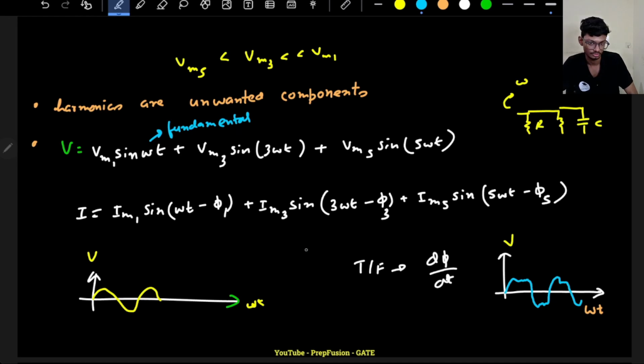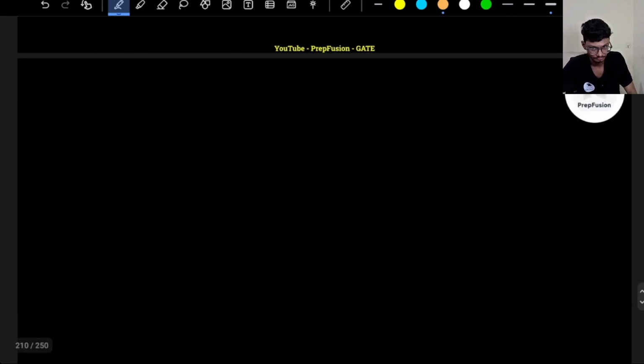This waveform will be a combination of a pure sine wave and a few other high frequency waveforms like this, which we will study in Fourier series, in signals and systems. This was a bit of introduction about harmonics and why they come up.